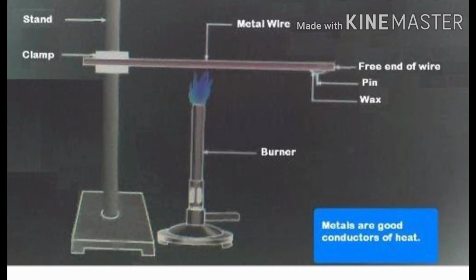This experiment shows that metals are good conductors of heat. Copper, aluminium, silver are considered good conductors of heat. Because of this property of metals, we use metal utensils for cooking food.